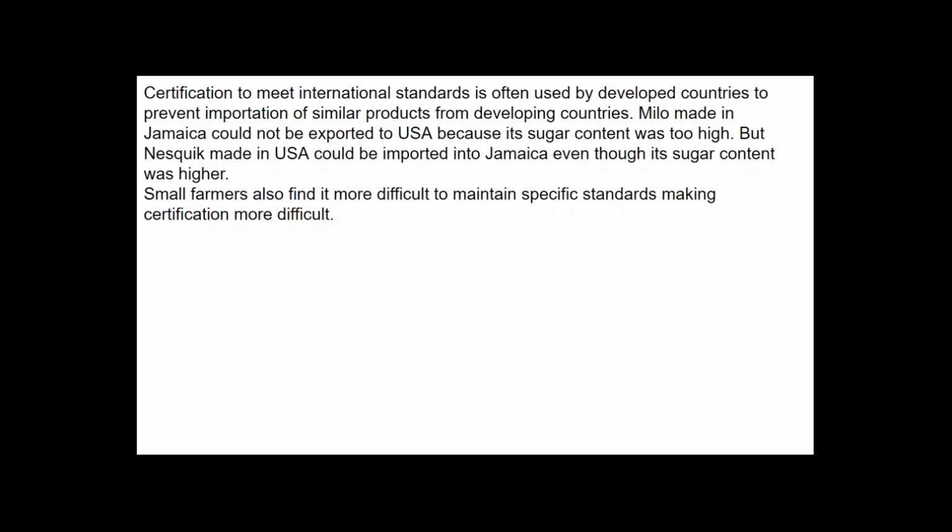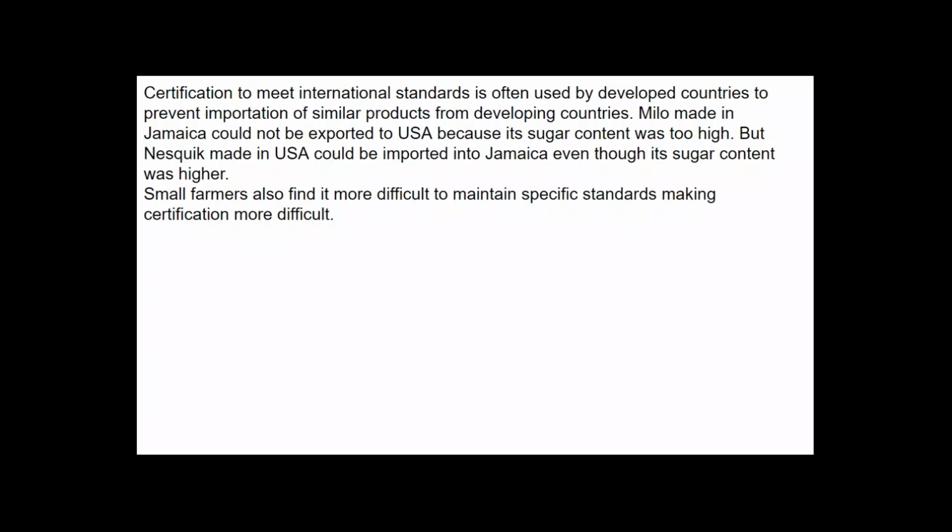Certification to meet international standards is often used by developed countries to prevent importation of similar products from developing countries. I mentioned Milo made in Jamaica could not be exported to USA because its sugar content was too high. But Nesquik made in USA could be imported to Jamaica, even though its sugar content was higher. And small farmers also find it more difficult to maintain specific standards, making certification more difficult.